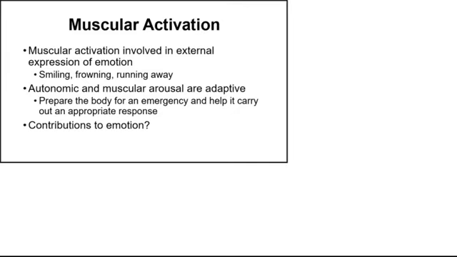So if we were in the wild evading a predator, being tense would allow us to react more quickly, to duck out of the way, avoid getting injured, or also just being on higher alert so that we're aware of incoming threats. So this is helpful because we're ready for emergency situations. We can act out that appropriate response in a more timely manner than we would if we weren't prepared.